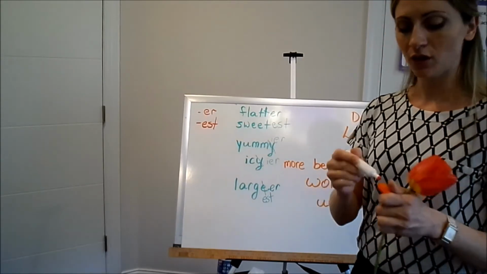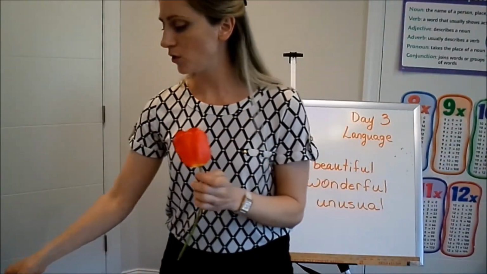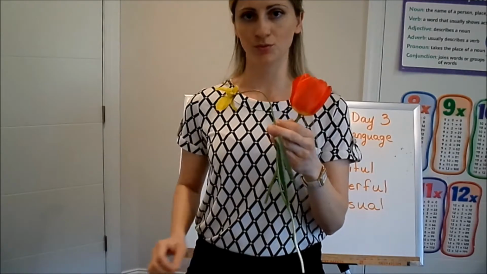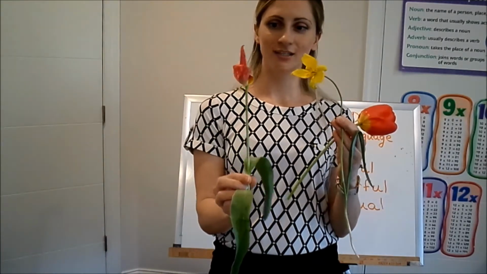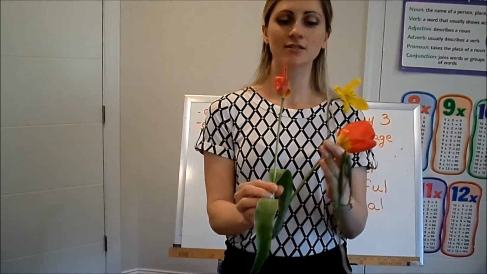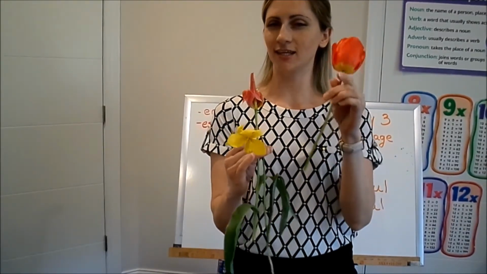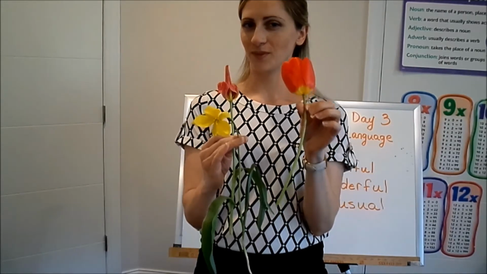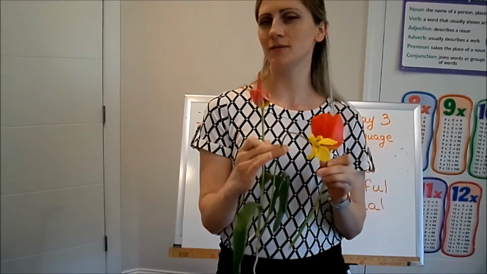More beautiful. All right, so if we can use more beautiful, what if we're going to compare more than two flowers? Take a look at this one. Look at this beautiful flower with a little top. It is also beautiful, but I still think this one is more beautiful than these.